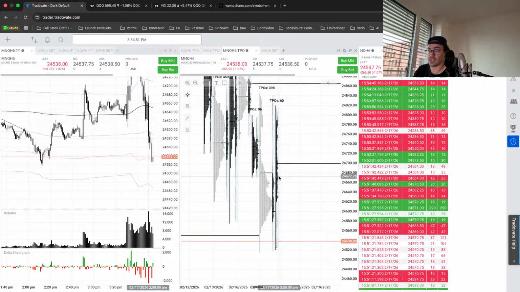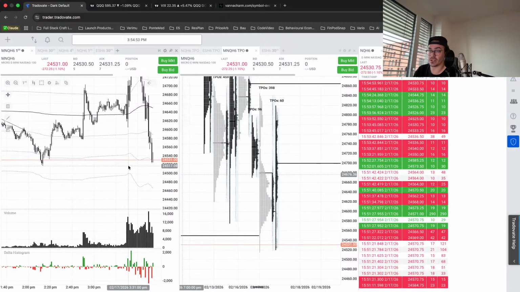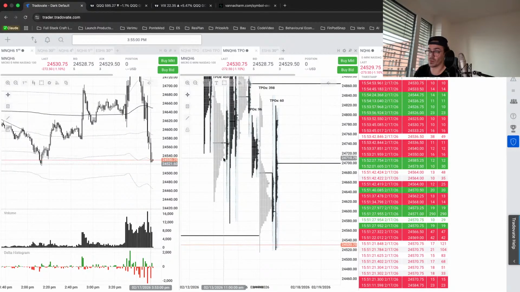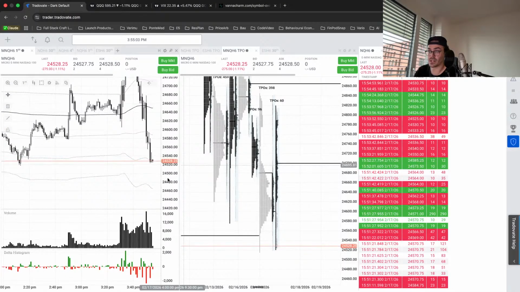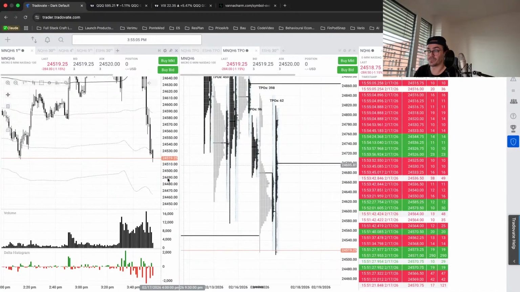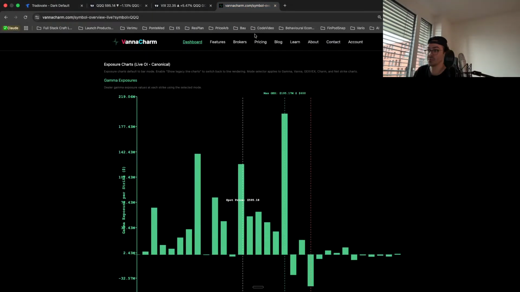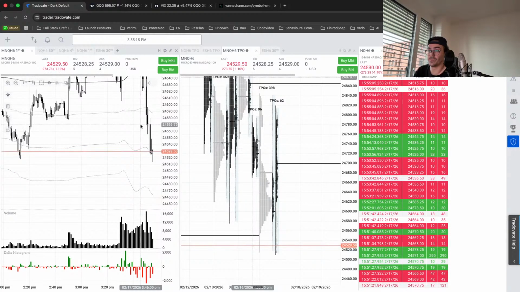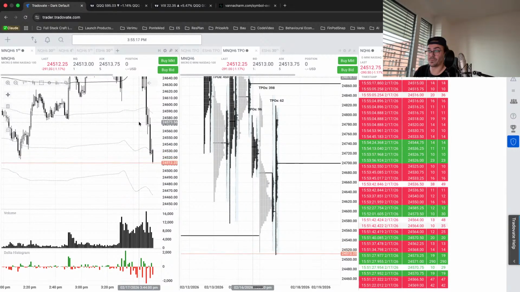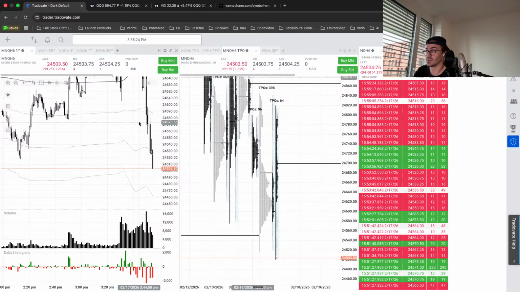Let's see if we can look below the overnight low and see what happens there. Watching the order flow and price, how price reacts. So pretty quickly bid, and re-offered.